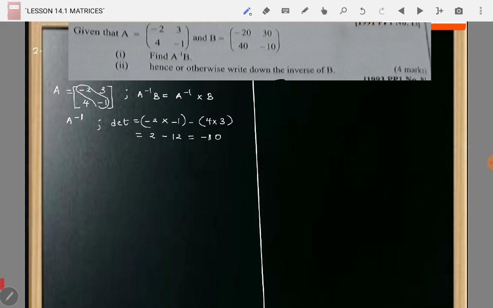After getting the determinant, then we say that for any matrix [A, B; C, D], the inverse is normally given by 1 over determinant into [D, -B; -C, A].